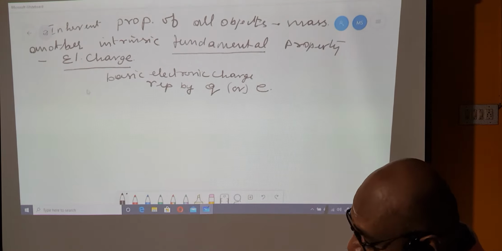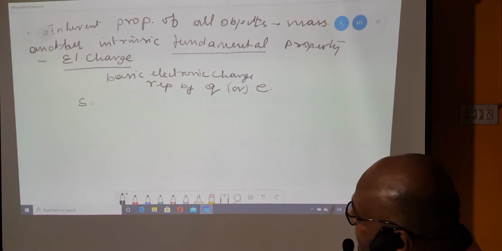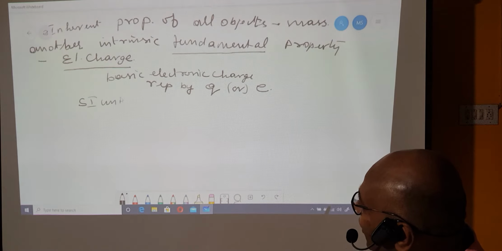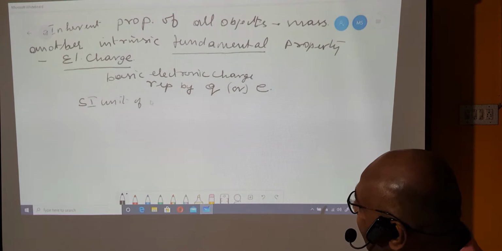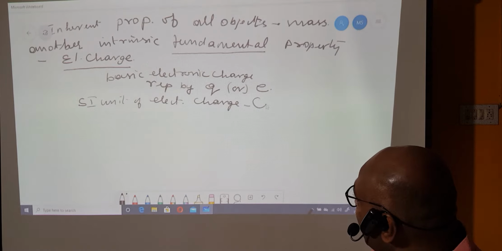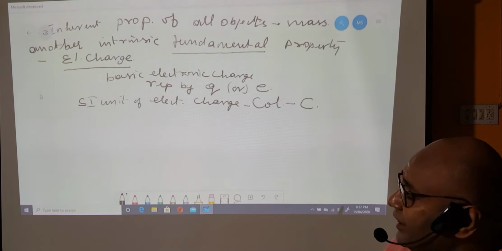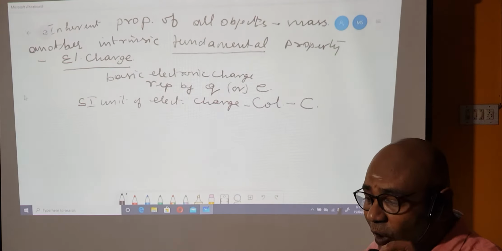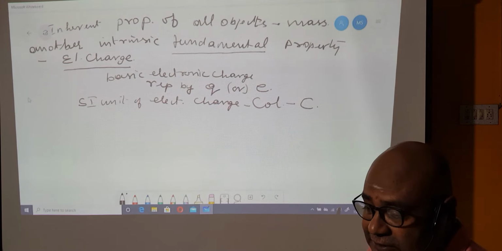It is measured by a unit; the SI unit of electrical charge is the coulomb, represented as C. Clear? So, what is meant by electrical charge?